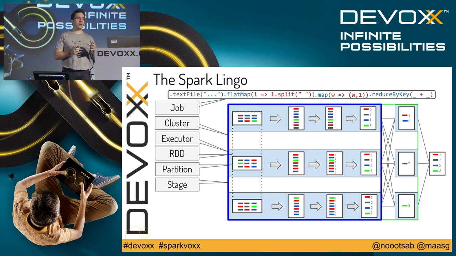And a stage is an optimization. There is a piece of code in Spark called the DAG, the directed acyclic graph scheduler, and this guy will take your job and start cutting it in chunks that can be pipelined. And all the operations that are on top are executed one after the other.